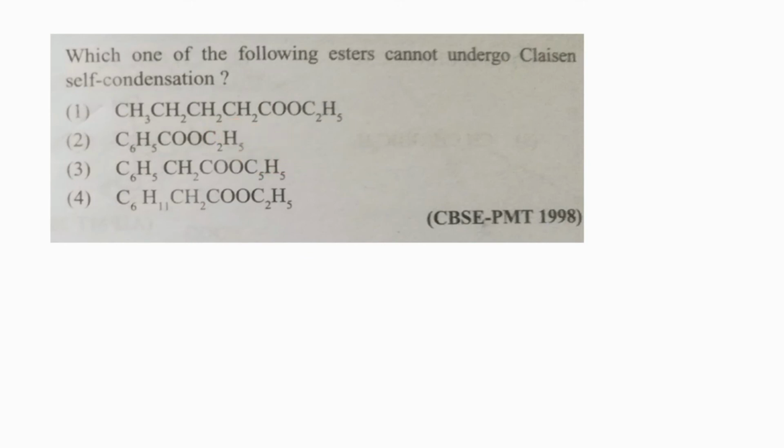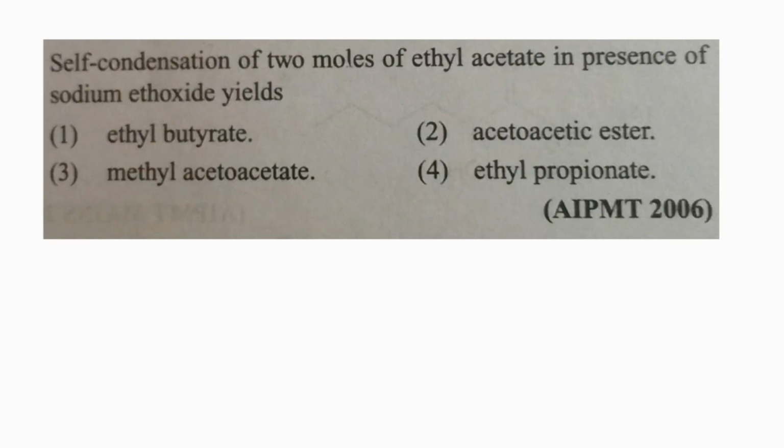See, this is having an alpha hydrogen and this one is having an alpha hydrogen and this one also has got an alpha hydrogen. But this one is a phenyl group, correct, no? So because of that, second one, as it is not having alpha hydrogen atom, it will not undergo Claisen condensation reaction. So which is the answer? Second one. Got it?